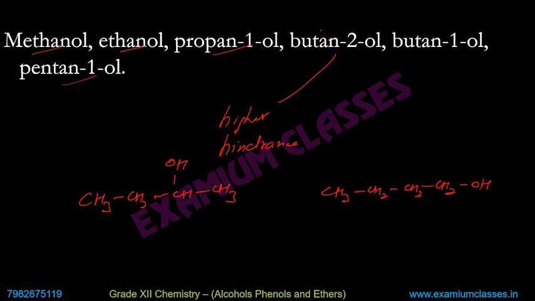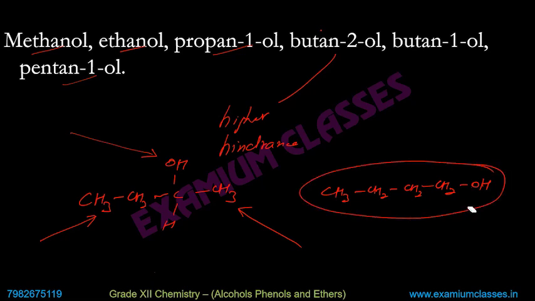Now attack on this one. If you consider this one, this will be basically tetrahedral shape on this carbon. So the water molecule or other will not be able to attack from these sides. There will be hindrance on oxygen. It can attack only from here. However, in this case, it will be very easy.